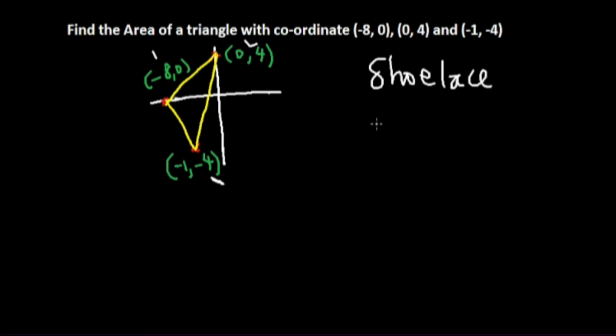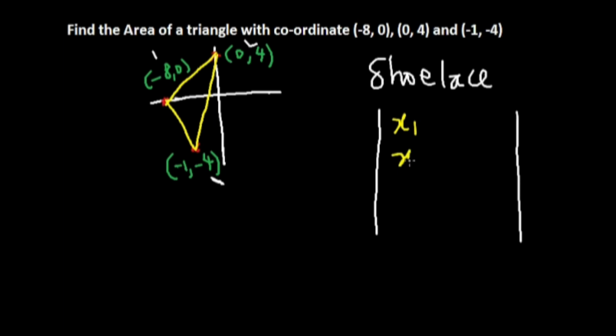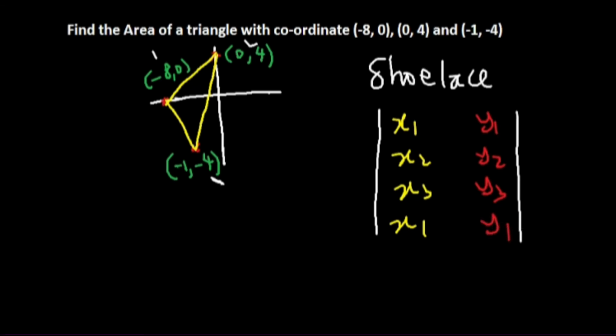If you can't cram the whole formula, the shoelace method is just like this. Draw through lines: x1, x2, x3, and x1. Then your y1, y2, y3, then y1. Just as simple as that.